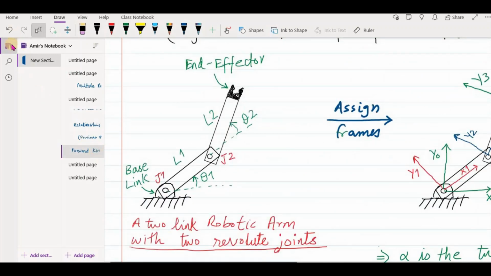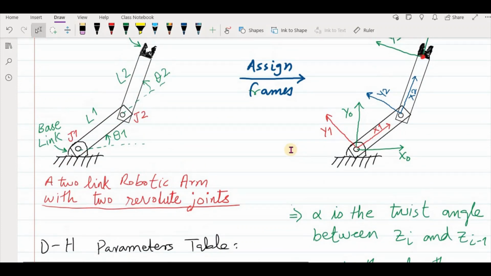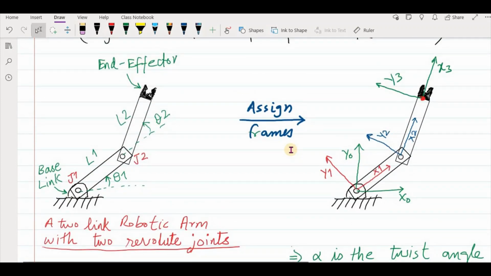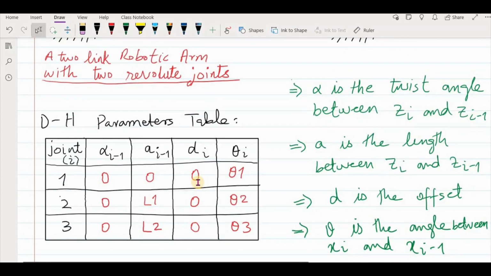In our case, as both of the frames are at the same origin, they don't have any offset. So that is why our di value will also be 0.